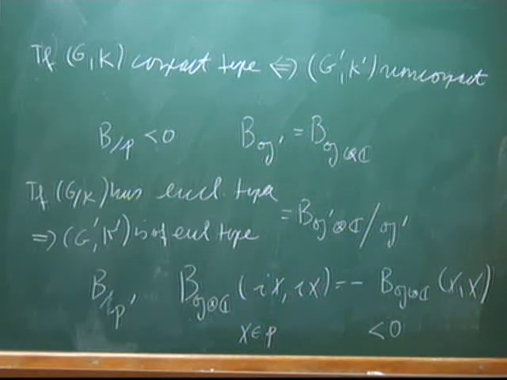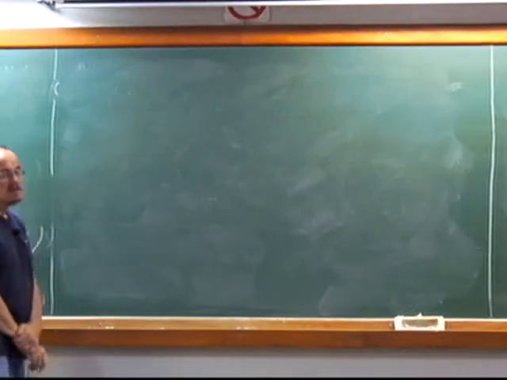Example. Particularly if I want to classify, I can classify either type. Doesn't matter, and I classify the dual type also.